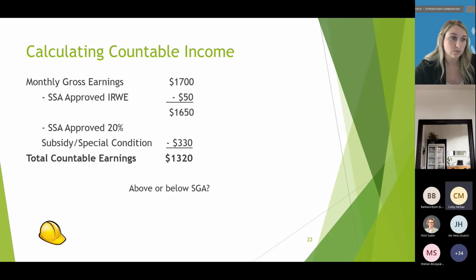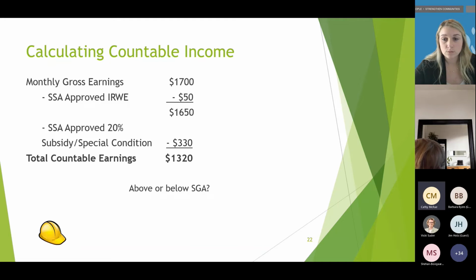So there is a program called PASS, where you can set aside money for a specific goal that's employment related. So if he was going to go to college, for example, to become a certified nursing assistant, that would be a specific job employment goal, and he could set aside money in a PASS program.